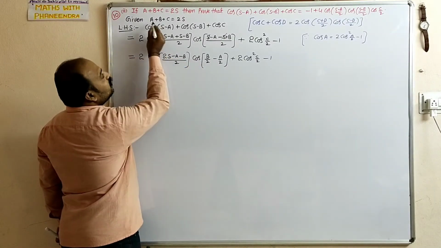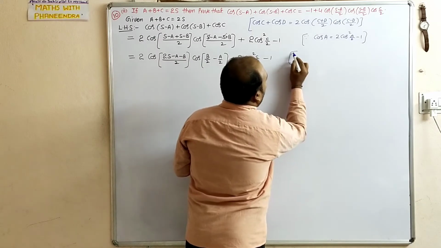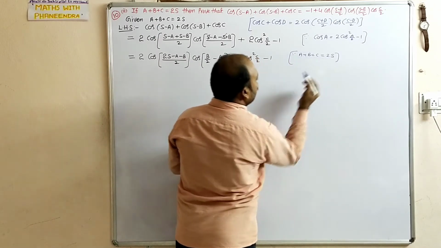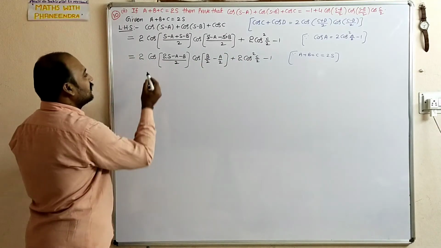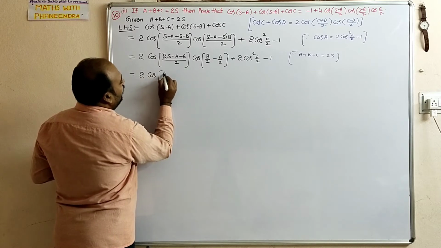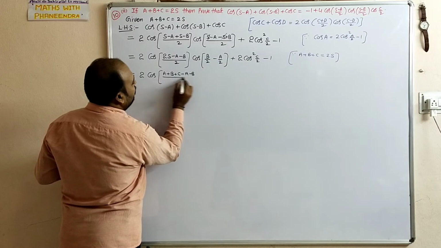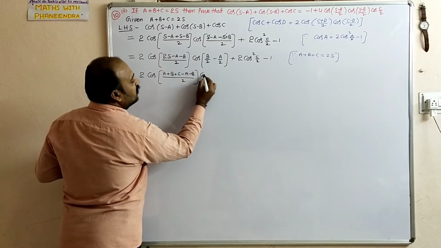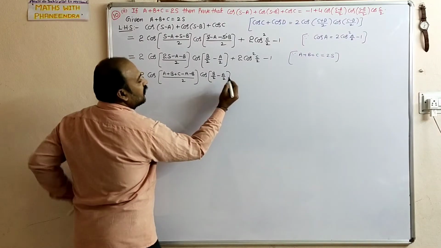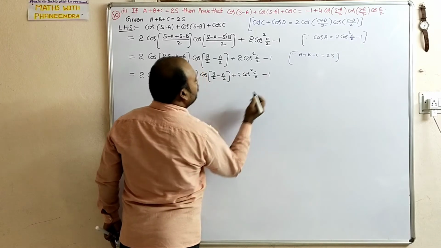So 2s is equal to what? a plus b plus c, since we have a plus b plus c equal to 2s. In place of 2s you have to replace a plus b plus c. So 2 into cos of (a plus b plus c minus a minus b) divided by 2, cos of (b by 2 minus a by 2), plus 2 cos square C by 2 minus 1.